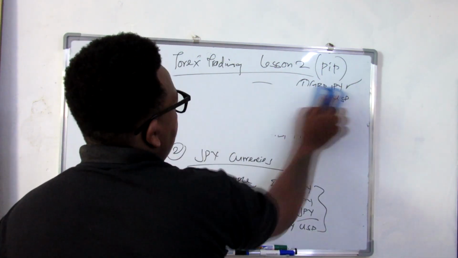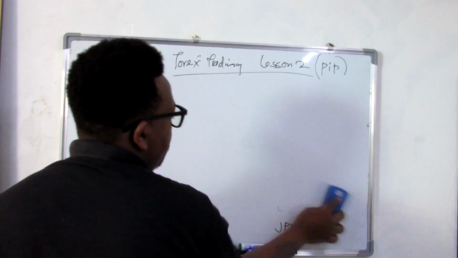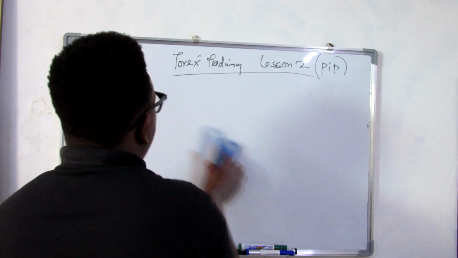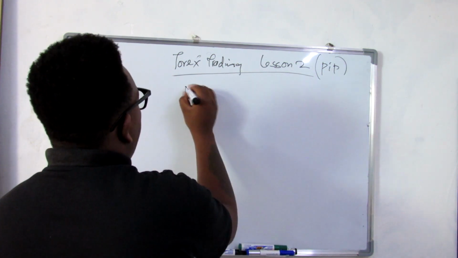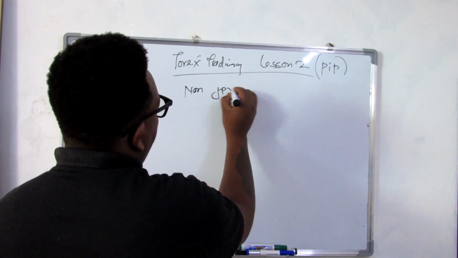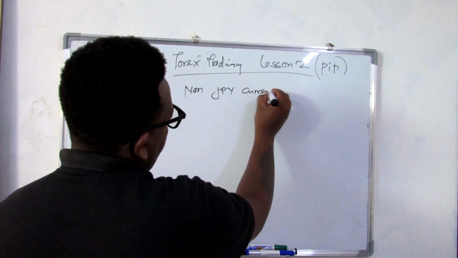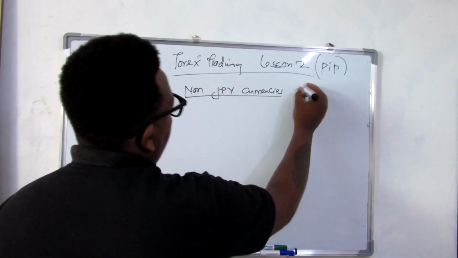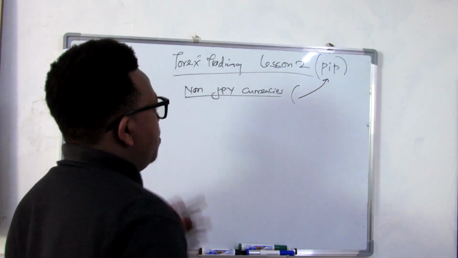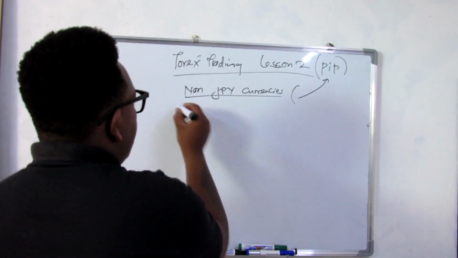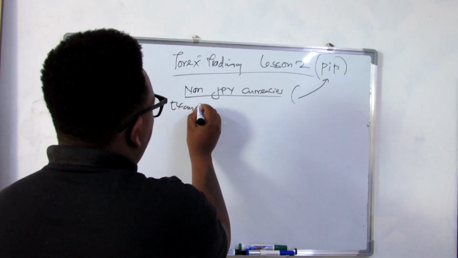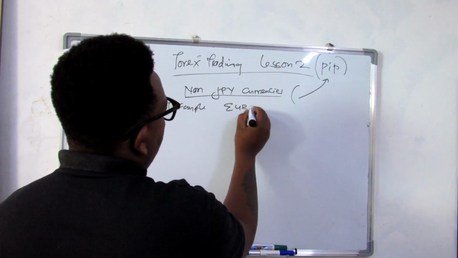So let me just get into how you calculate pips for the non-JPY currencies. By this I mean, let me just give you an example. For instance, this could be a currency like EUR/USD.